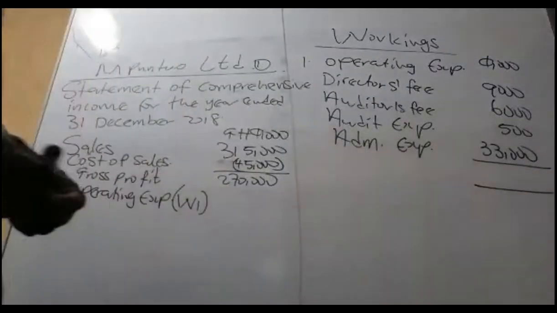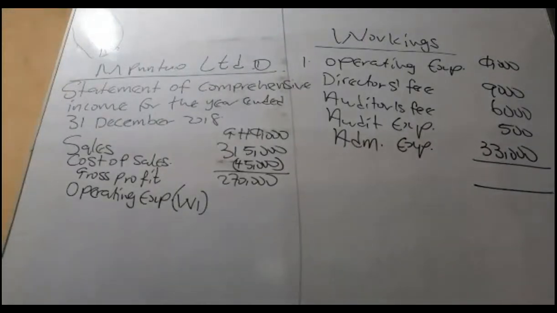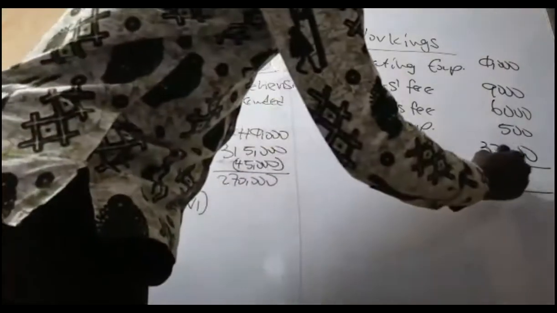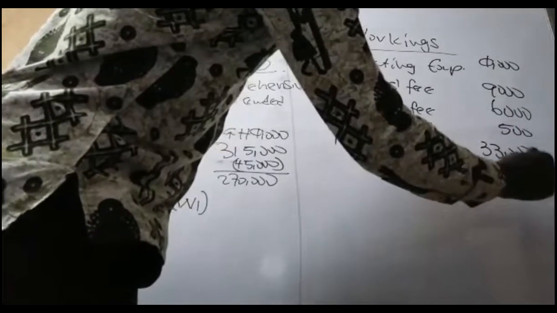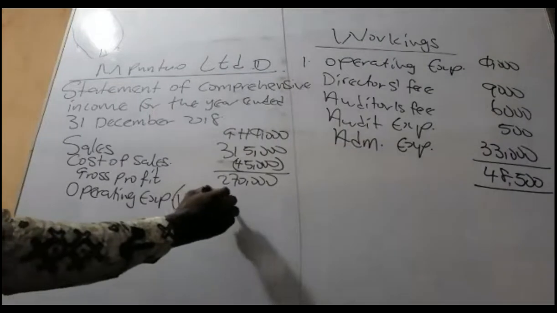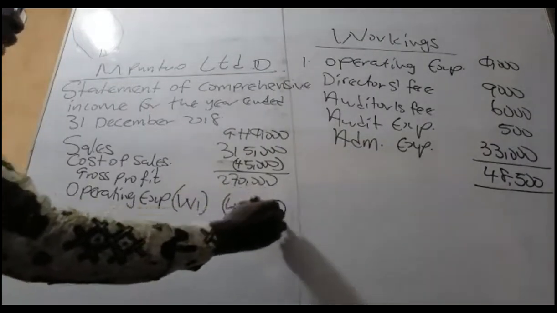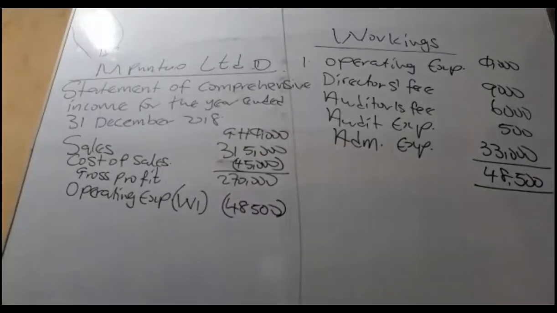Then you sum them up. 9,000 plus 6,000 is 15,000, plus 33 gives us 48, so 48,500. That is it. So you come here and write it here, 48,500. That is how we get it. Good.